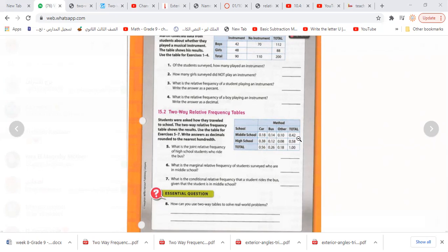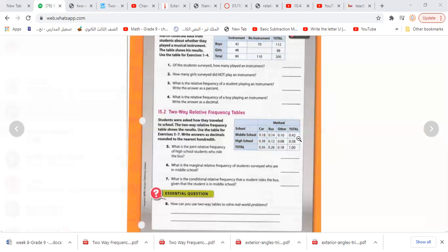Let me ask another question. Please be ready. Write the question and then be ready to tell me the answer. What is the conditional relative frequency that a student rides other travel, meaning it's not a car and it's not a bus, and he is in high school?